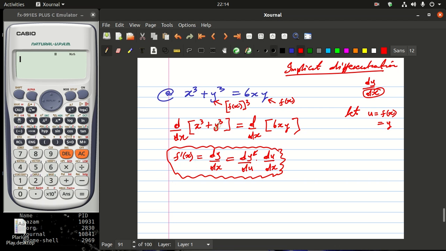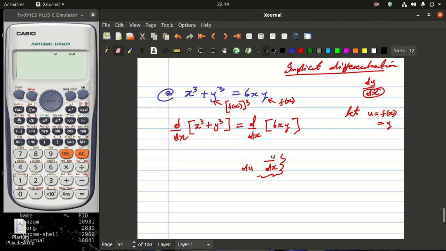So this whole thing here, I can say that it is going to be the same thing as, let me first clean this whole thing up. This whole thing here is going to be the same as, I'm going to take the derivative with respect to x of x cube, and then plus the derivative with respect to x of y cube.